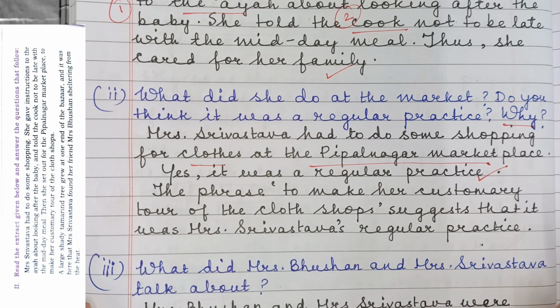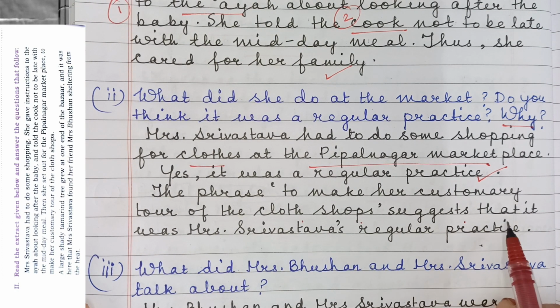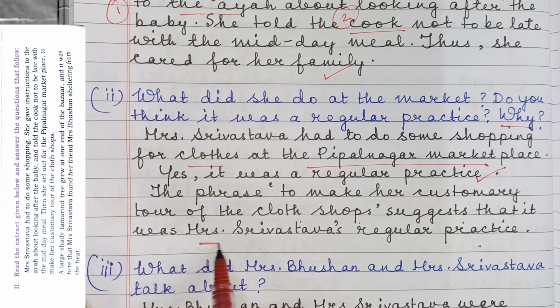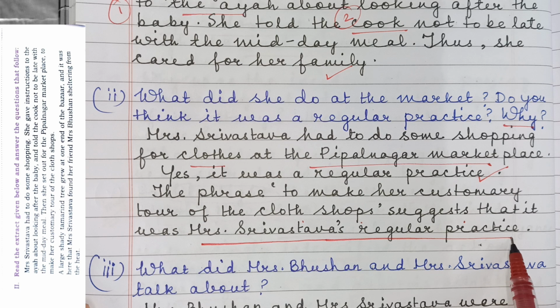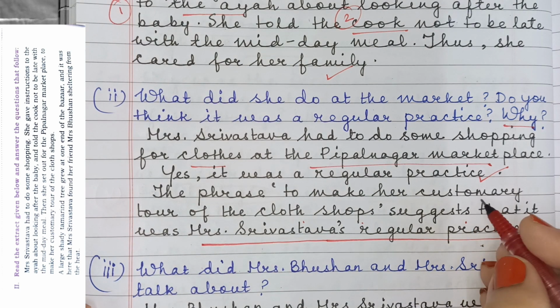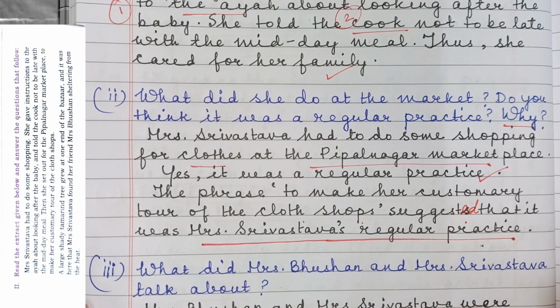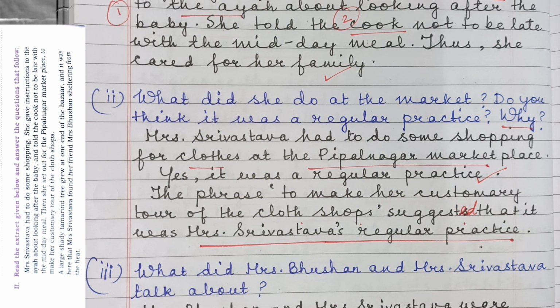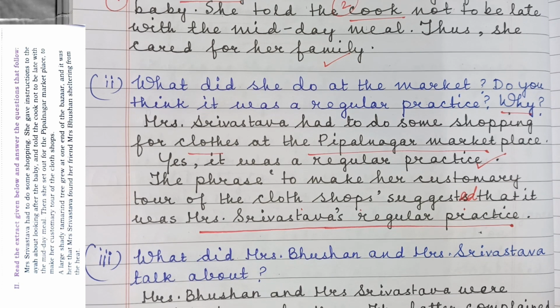The phrase 'to make her customary tour of the cloth shops' suggests that it was Mrs. Srivastava's regular practice. Understood? So here I'll just make a correction. Suggested that it was Mrs. Srivastava's regular practice.